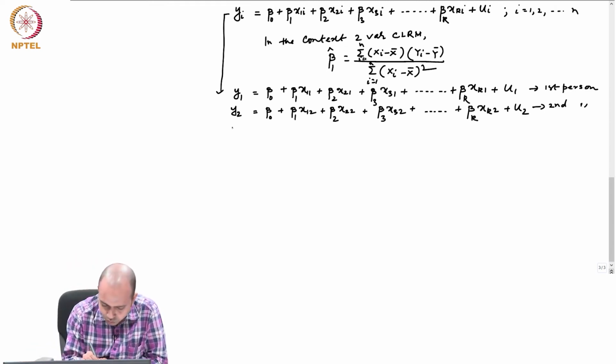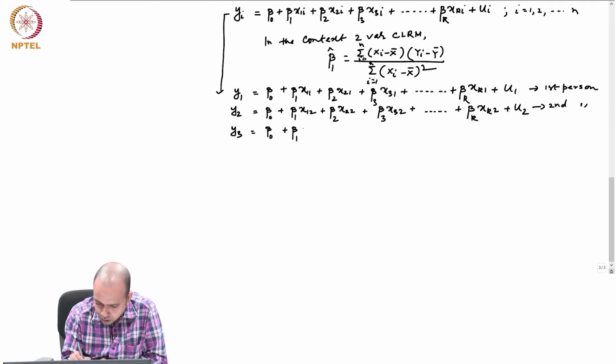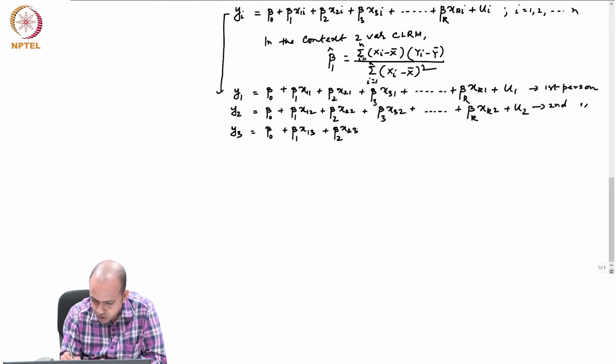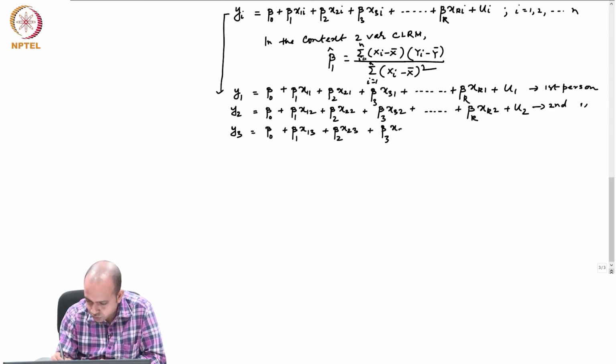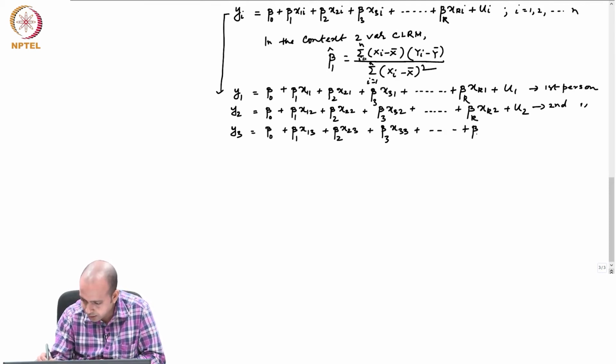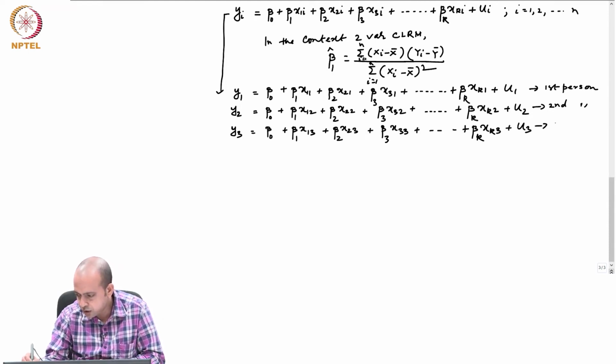Then we will write y3 equals beta 0 plus beta 1 x13 plus beta 2 x23 plus beta 3 x33 plus beta k xk3 plus u3 for the third person.